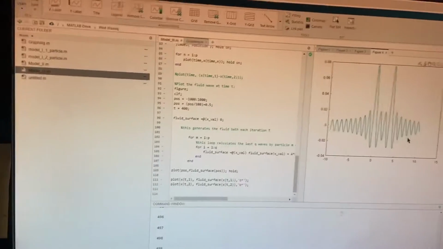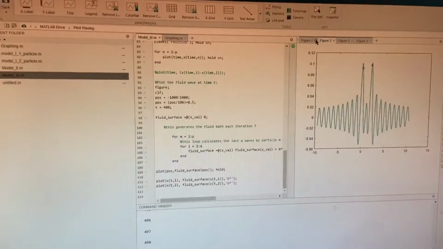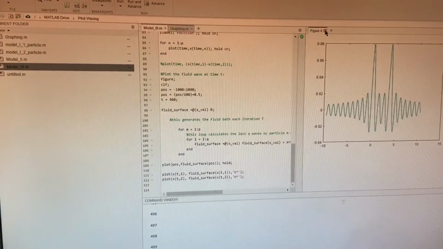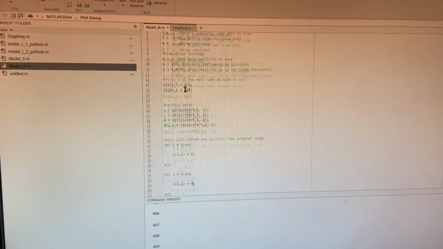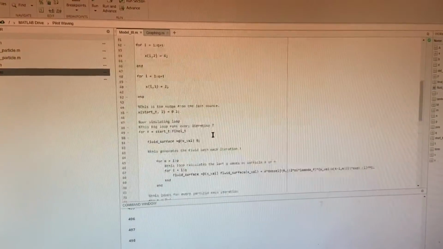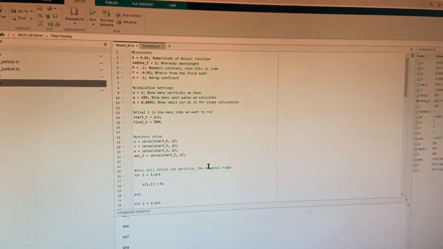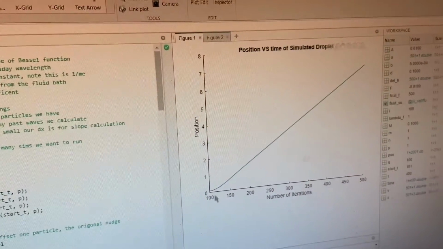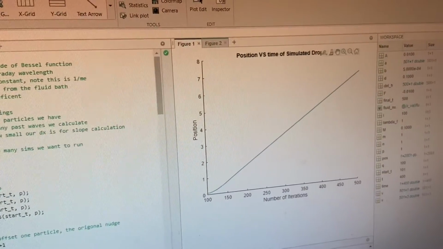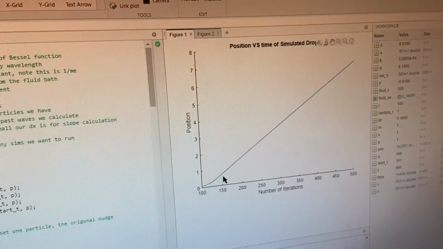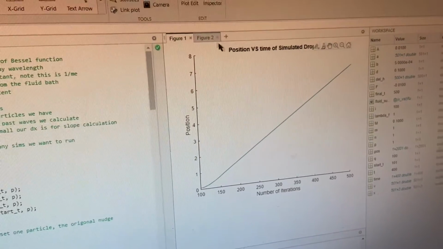Next, I want to show you something that happens when you have one particle and give it a bit more energy so it moves. So I set up the code now to be a little bit different. There's only one particle. As we can see here, the particle, like I'm pretty sure I talked about in an earlier video, starts here at 0 and eventually ends up moving with a constant velocity.